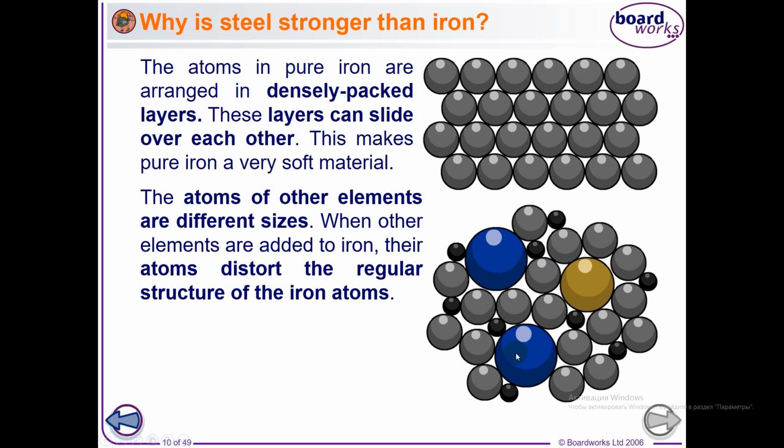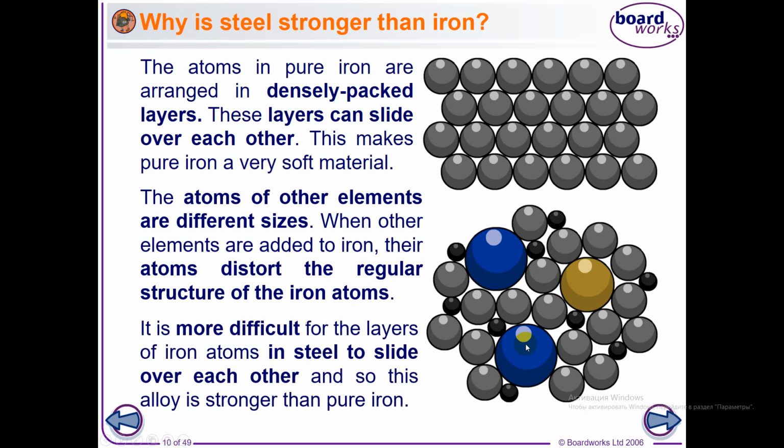When other elements are added to iron, the atoms distort the regular structure of the iron atoms. It's more difficult for the layers of iron atoms in steel to slide over each other. And so this alloy is stronger than pure iron.